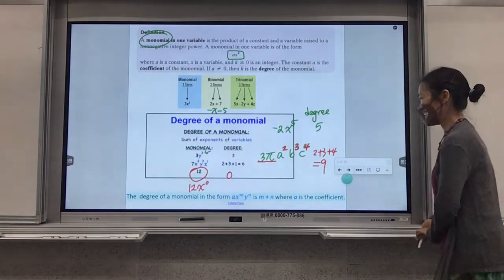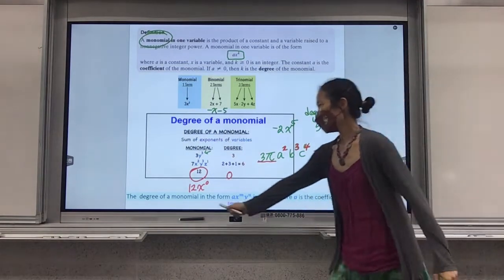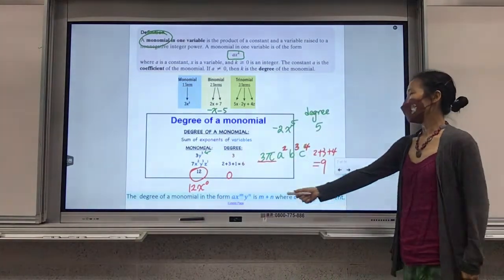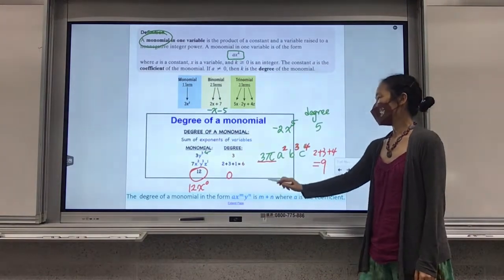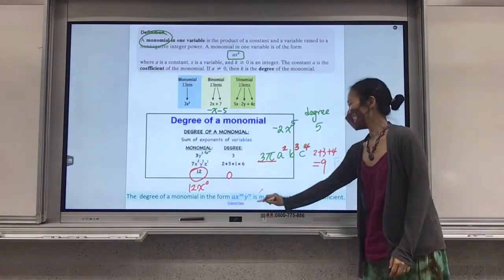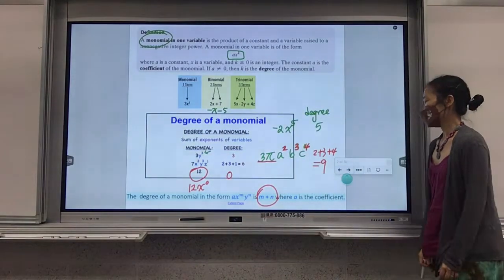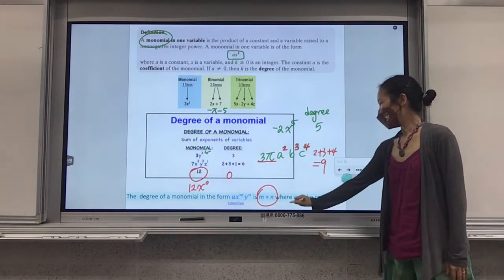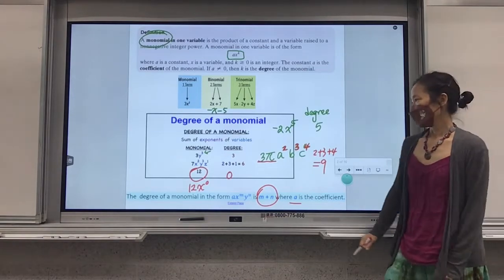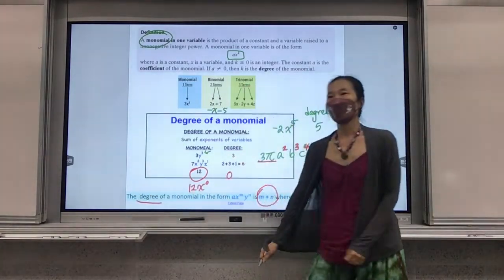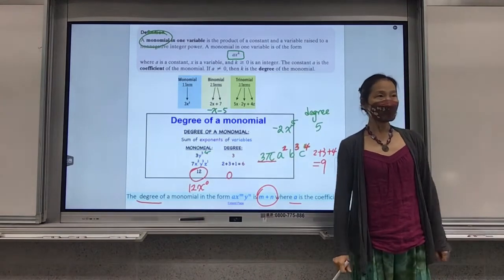So that's fine. The degree of a monomial in the form a times x to the power n, y to the power n, you add the exponent to be the degree, and a is called the coefficient. Coefficient. Everybody okay so far?